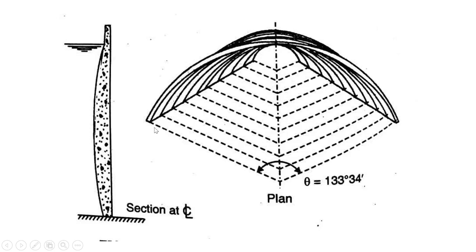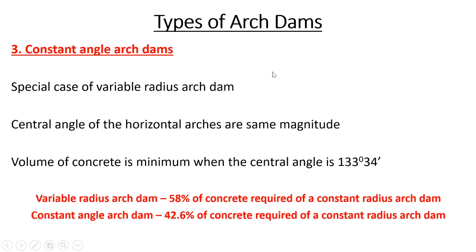You can see that the radius to extrados and intrados at each of the sections is going to vary, but still there is a constant angle, and that constant angle value theta is equal to 133 degree 34 minute. Since this angle theta is constant everywhere, this dam is called a constant angle arch dam.